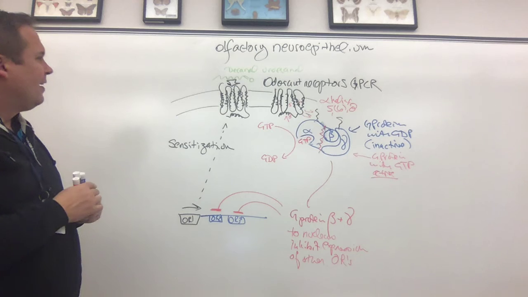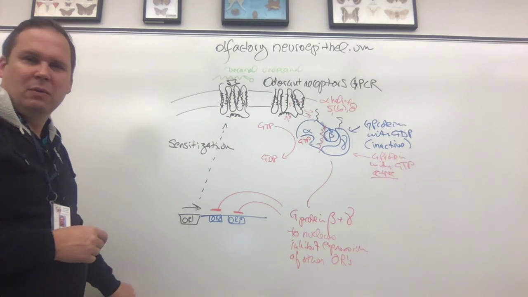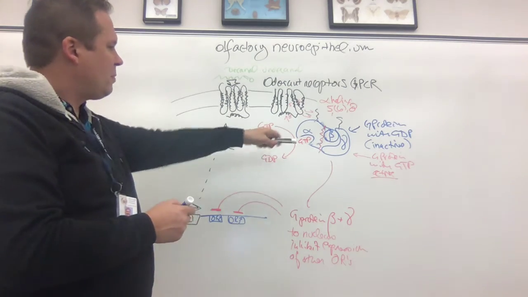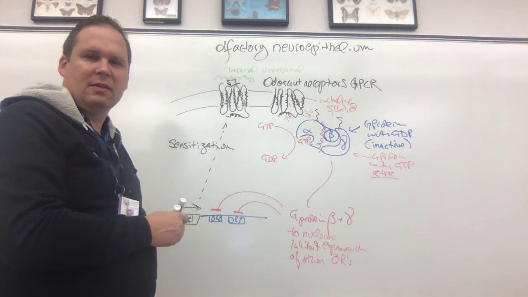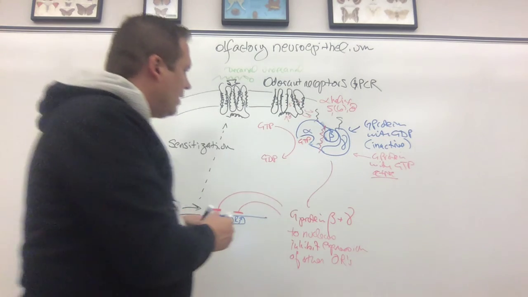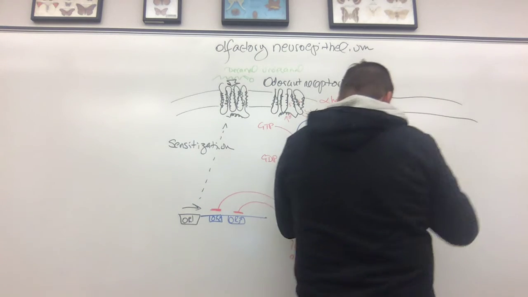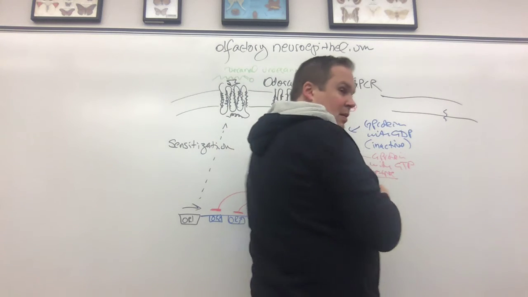Yeah. All right, fantastic. So now, we've got our G protein, and it's split apart. And so let's make a new little thing over here. So let's make some more membrane up here, because the alpha subunit is still stuck to the membrane. There we go.